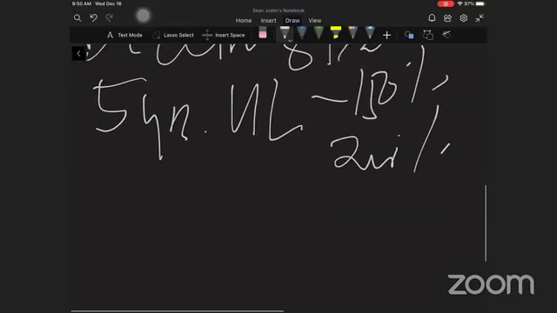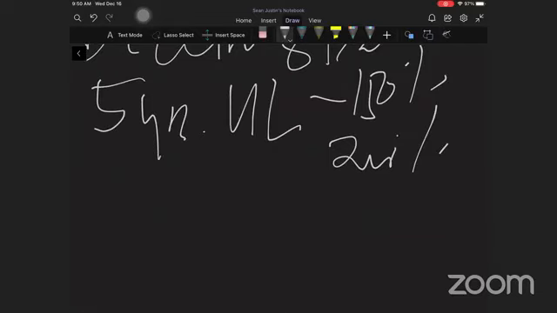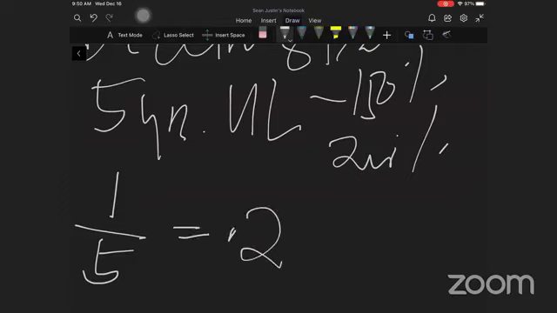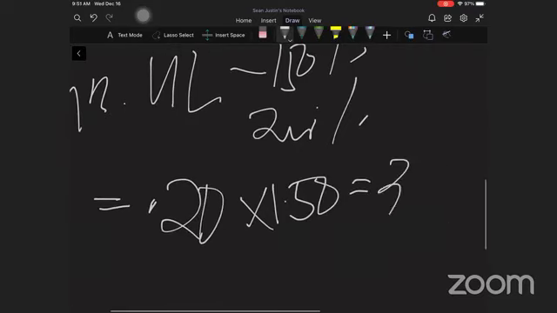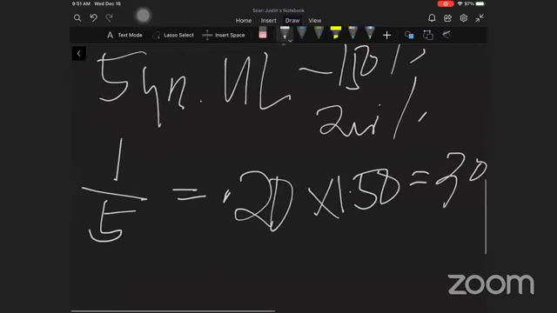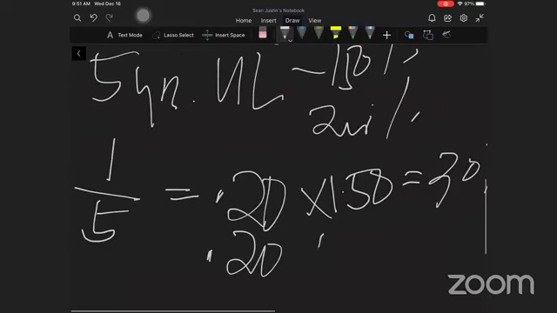Okay, so how to compute? 5 years ang useful life, just do this one, 1 divide 5. Diba? 1 divide 5 years, that's 0.20. If 150%, times 1.5, that is 30%. This is now your depreciation rate. Then if double declining siya, times 2, then that is 40%.